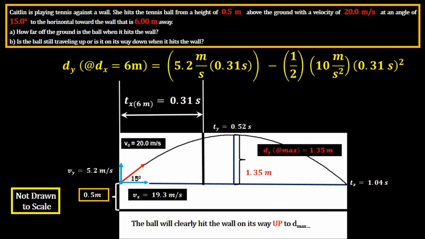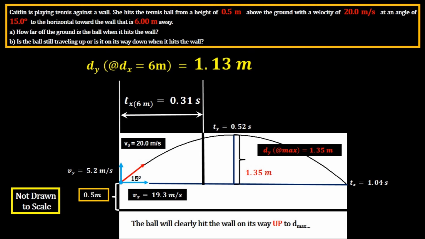And so the answer will be 1.13 meters. Dy at dx 6 meters will be 1.13 meters. So now what's left to do is I want to show you where that value is, and then put that in the value.